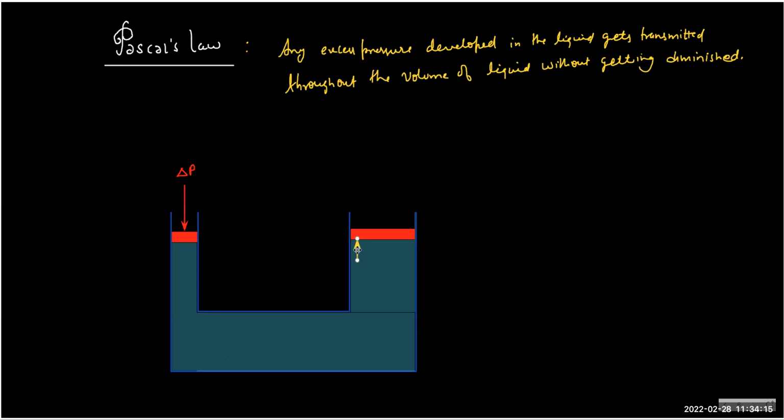It is appearing everywhere, but I'm representing only the end point where I'm interested. This is exactly how garages use the hydraulic lift to raise cars. So let me put a car here. It's a really big platform.